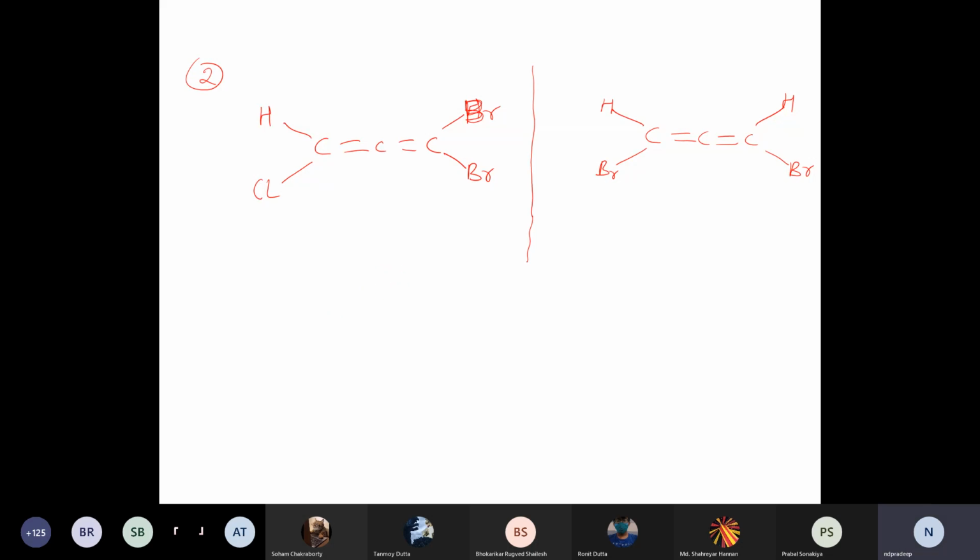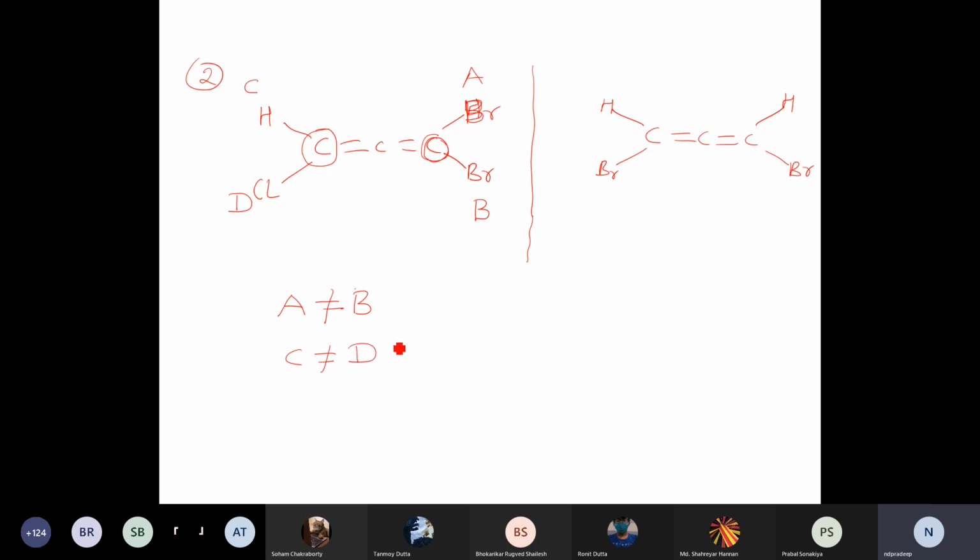So if you have these two things, the condition is this: for example, I make the substituents A and B on one carbon, and C and D on the other carbon. In the allene case, the substituents of the same carbon should not be equal: A and B should not be equal, and C and D should not be equal.